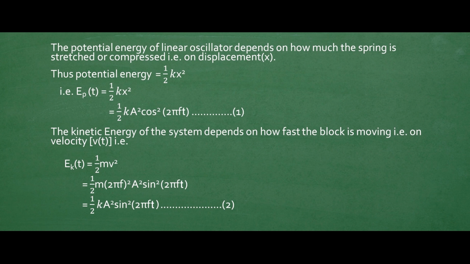So what is the final kinetic energy equation? The kinetic energy equation is given by half k a squared sine squared 2 pi f, which we will mark as equation number 2.